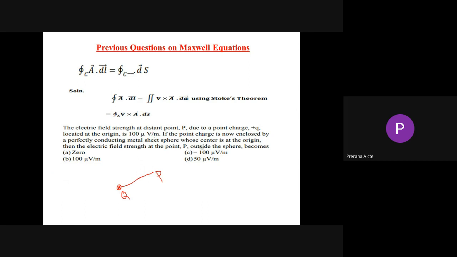If the point charge is enclosed by a perfectly conducting metal sheet sphere whose center is at the origin. Now this is the spherical coordinate, X, Y, and Z.